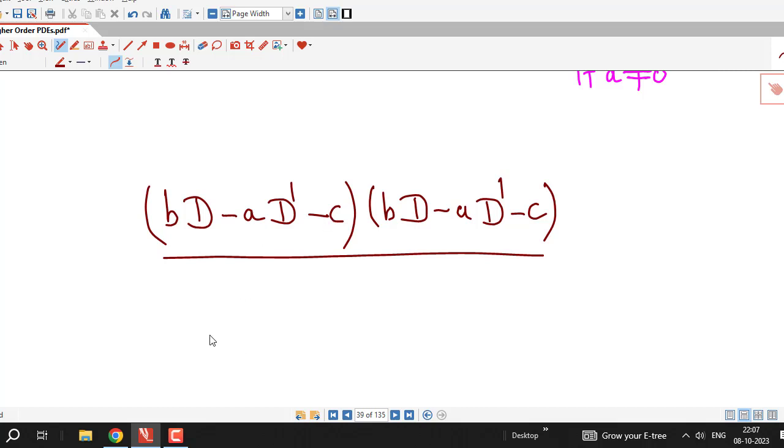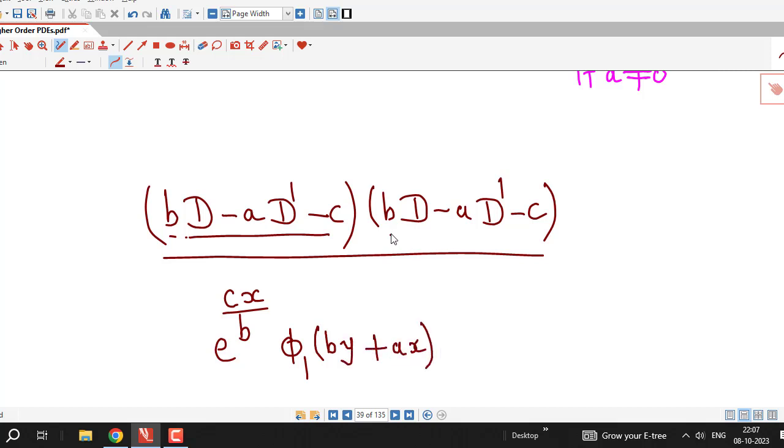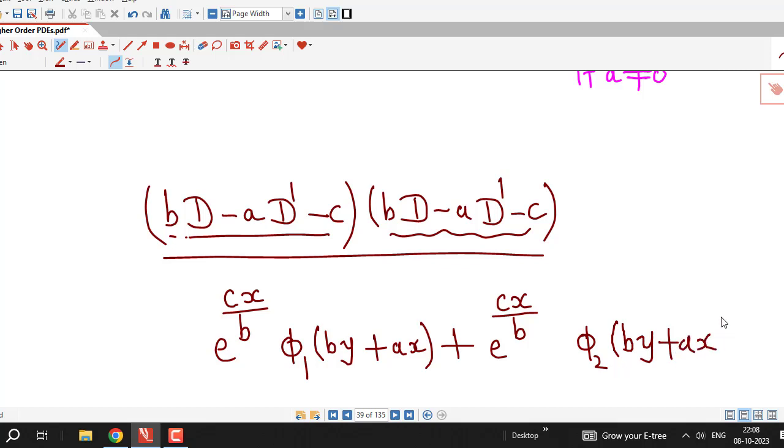For that we know that if we have this type of linear factor and if b is non-zero, then we have this part in the general solution: e raised to cx over b, some arbitrary function say phi 1 of by plus ax, and here also we have the same linear factor. So for that also we will write e raised to cx over b times an arbitrary function of by plus ax.